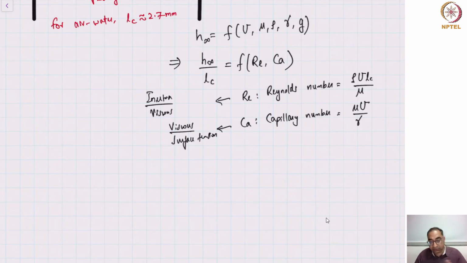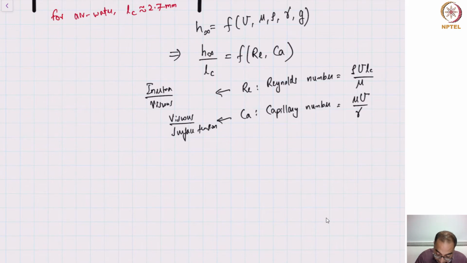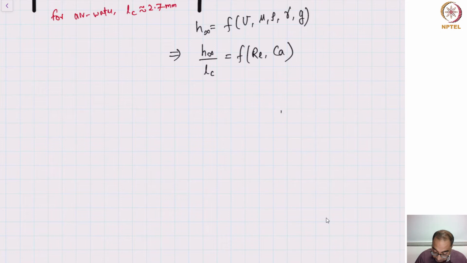Okay, but one has to be careful because the Reynolds number is dependent on a length scale which inherently involves gravity, right? Now there are four forces. So now we have H infinity by LC, which is the thickness of the coating relative to the capillary length, depends on Reynolds number and capillary number.